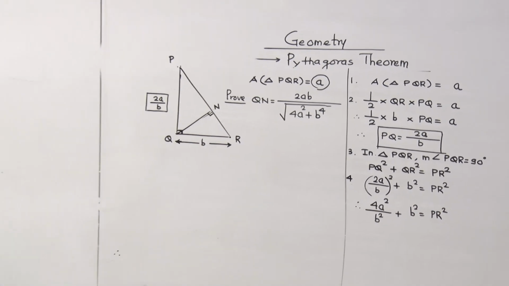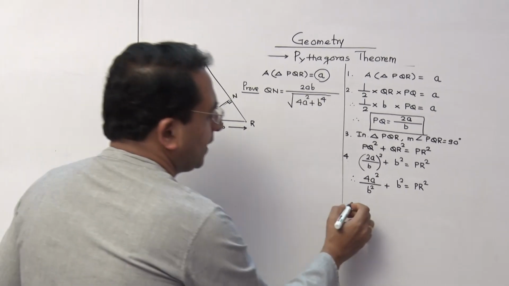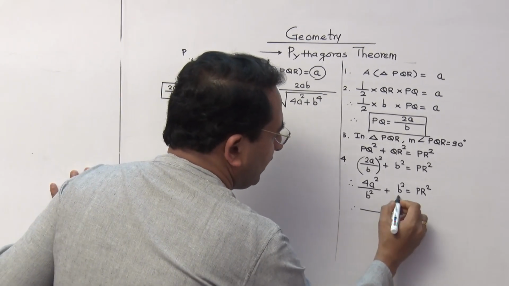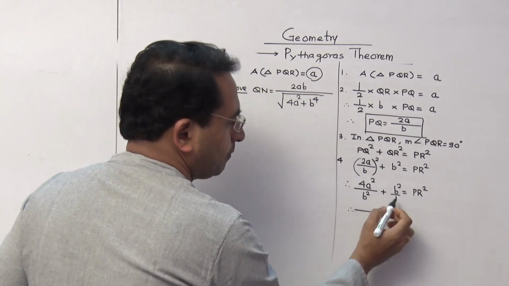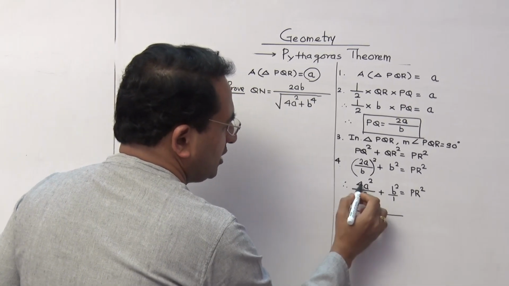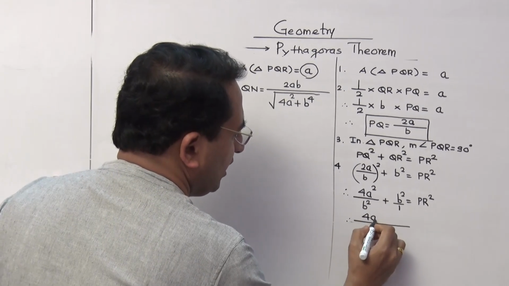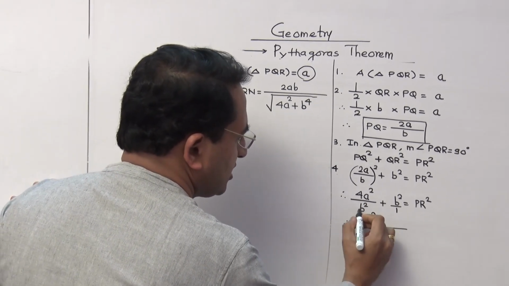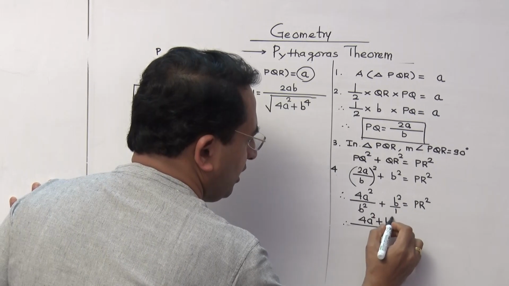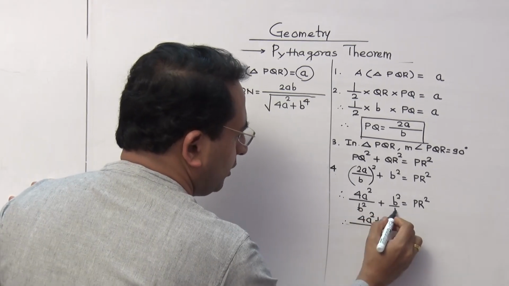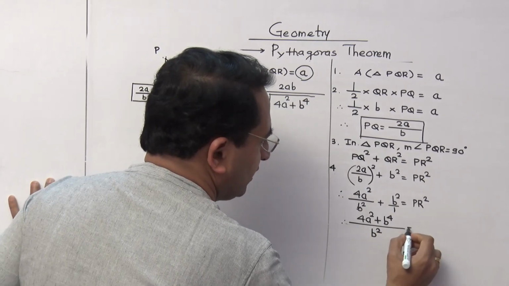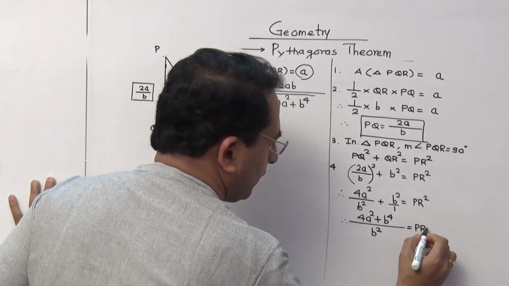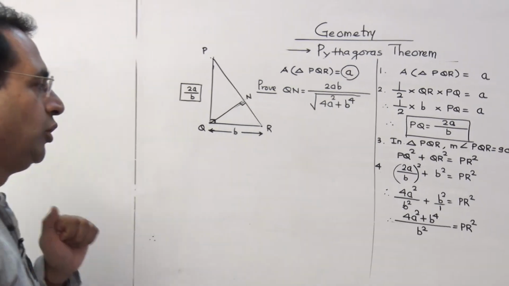Now what is the answer? What is the way we have to calculate? Therefore, I will take it as 1 and then I will cross multiply here. It is 1 into this, so 4a square plus this is going to be b raised to 4, upon the product of denominators, that is b square, that is equal to PR square. Now how to find the value of PR?